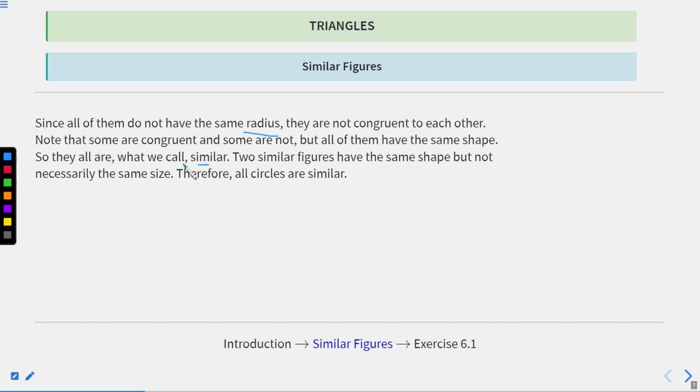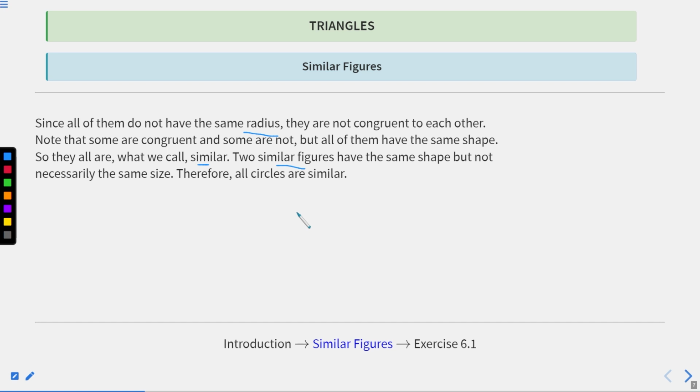When two figures have the same shape but not necessarily the same size, they are called similar figures. Therefore all circles are similar, since the shape of a circle is the same for all, though the size differs.